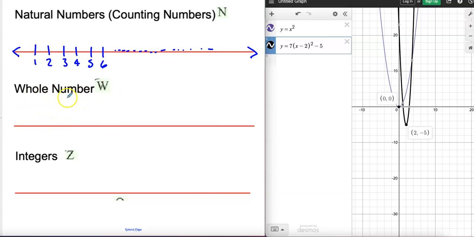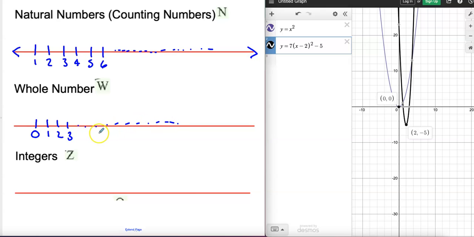Well, then we got into, well, whole numbers. Well, what's the difference between counting numbers or natural numbers and whole numbers? Well, when I want to talk about now 0 having nothing, then I introduce whole numbers, and so then it's 1, 2, 3, and so forth and so on.